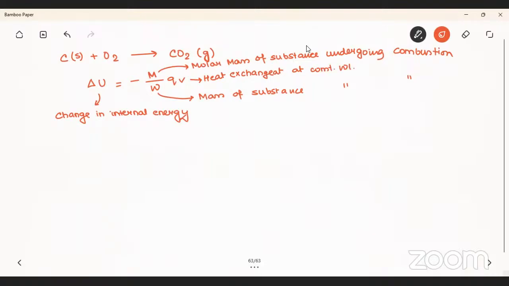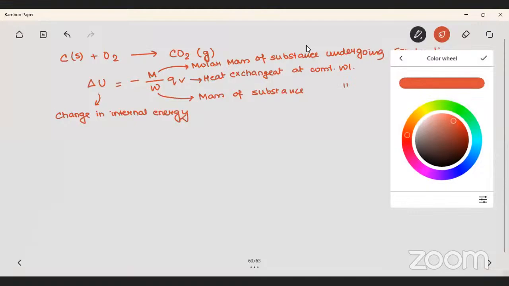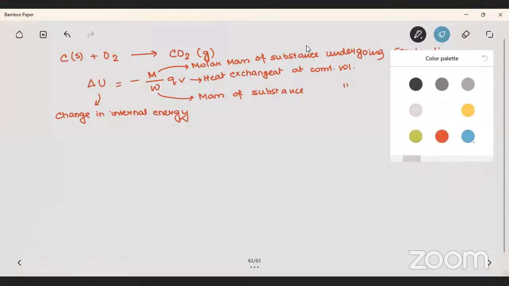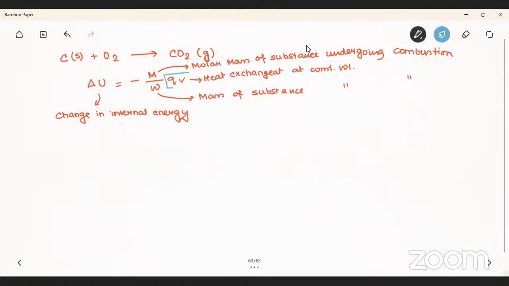The equation delta U is equal to minus M by W QV relates the change in the internal energy of the system with respect to heat exchange. This is the main purpose of this equation.